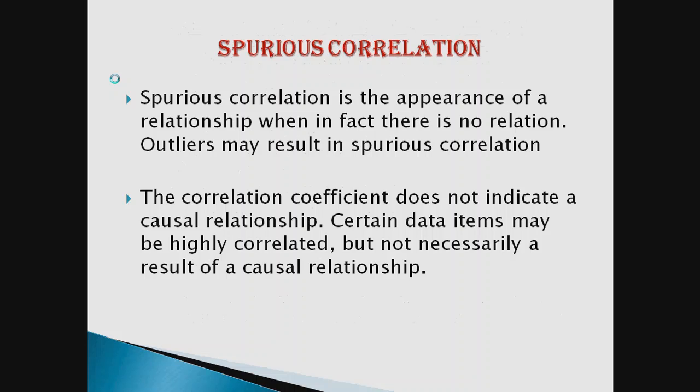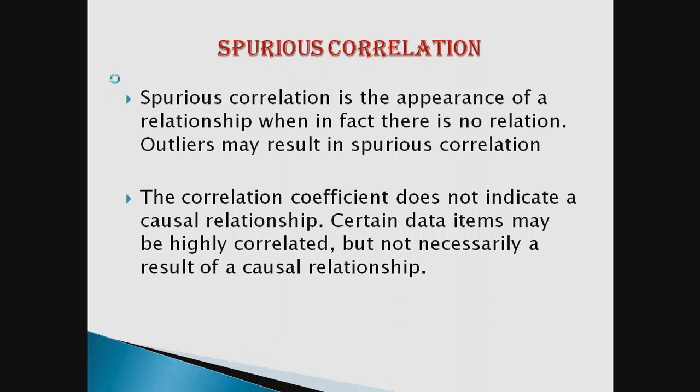Sometimes we have different outliers. Outliers are values which are at the extreme from the control limits of the variables. An outlier is an extreme value of a variable.